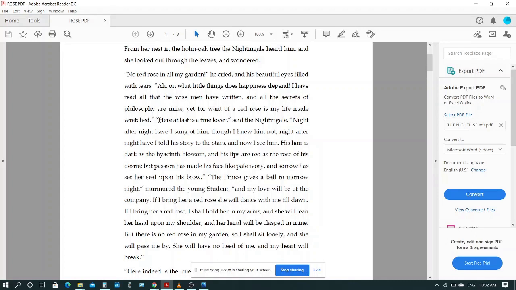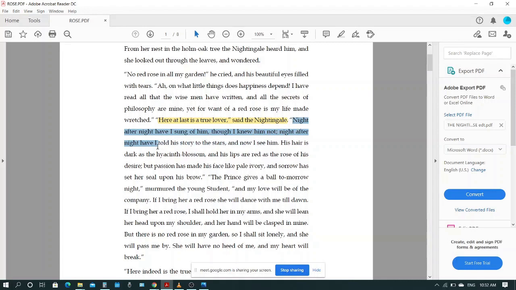Now look at the reply of the Nightingale. It's very beautiful. Okay, what she says: here at last is a true lover. Okay, according to the Nightingale, if that boy has true feelings, he is a true lover. And further she says, night after night I have sung of him, though I knew him not.